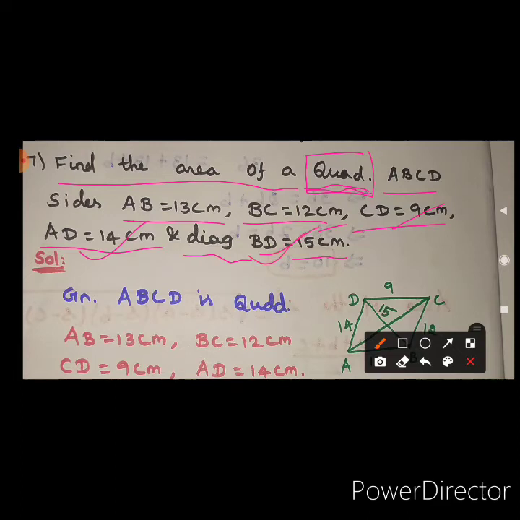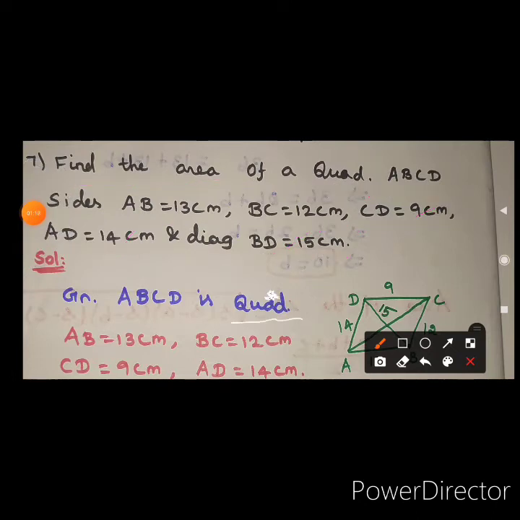Solution. Given ABCD is a quadrilateral. AB is equal to 13 cm, BC is equal to 12 cm, CD is equal to 9 and AD is equal to 14 cm.